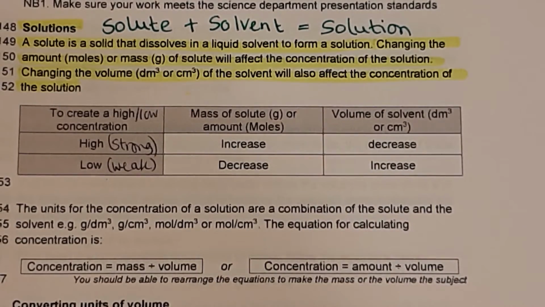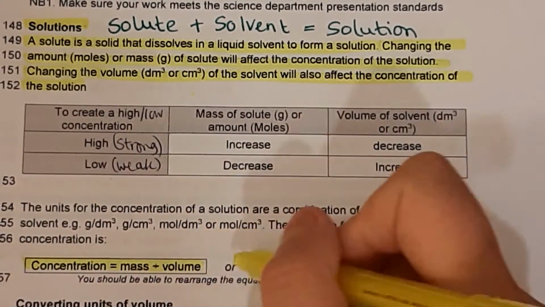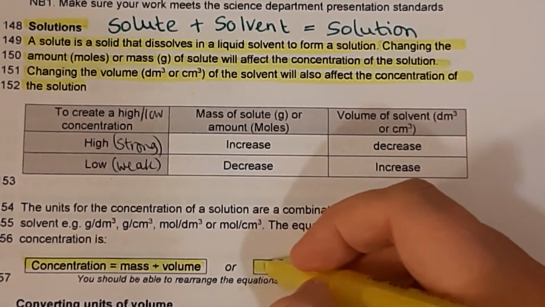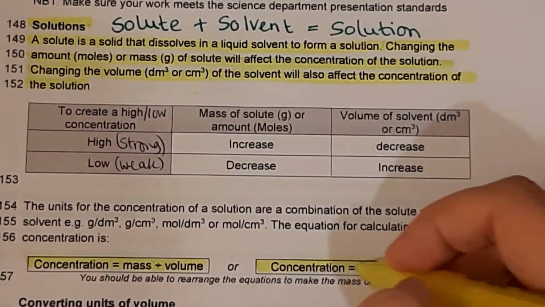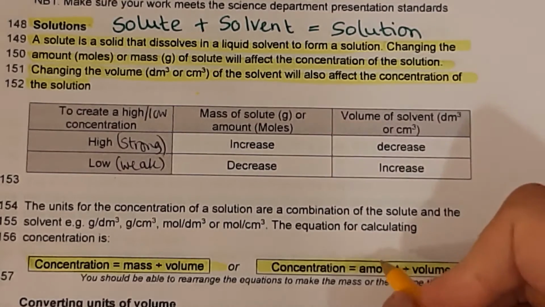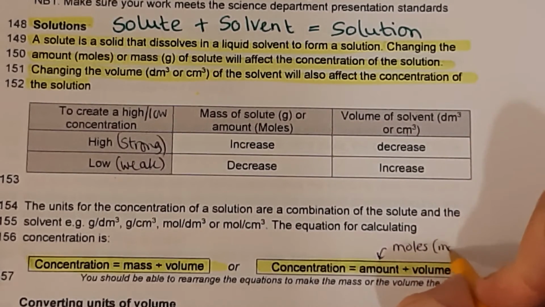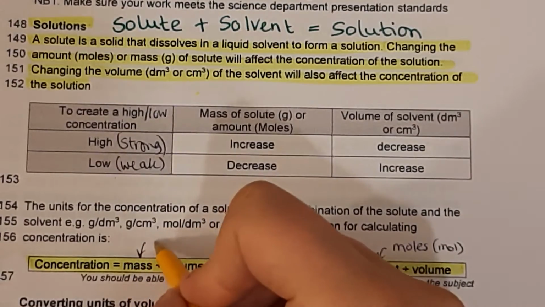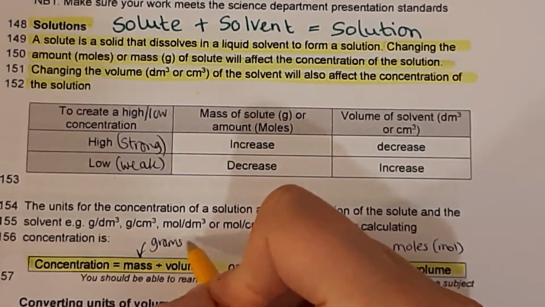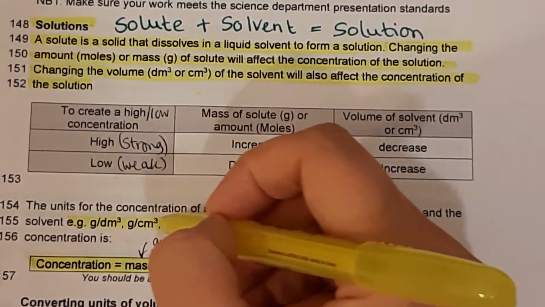The equation for calculating concentration is that concentration is mass divided by volume, or concentration is amount divided by volume. The only real difference is that amount is moles and mass is grams.